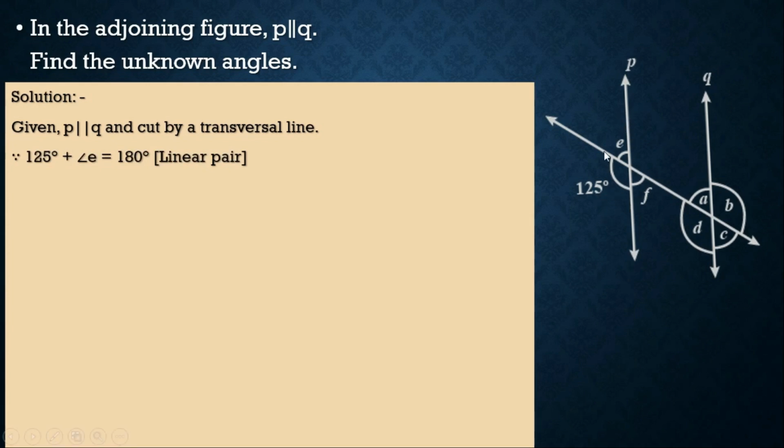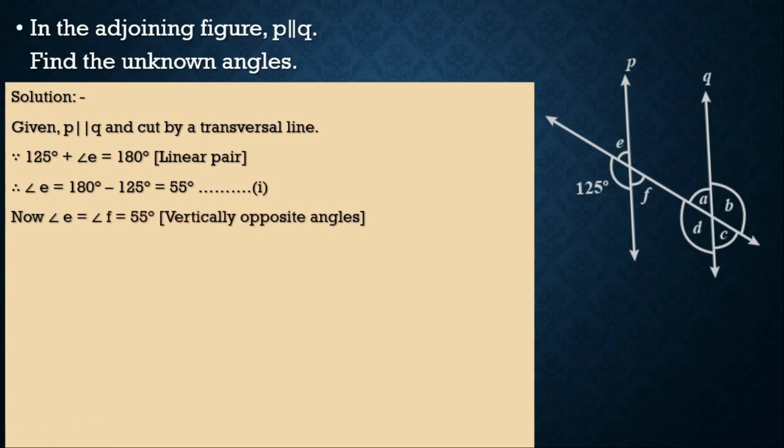Taking 125 degrees from the left-hand side to the right-hand side, angle E equals 180 degrees minus 125 degrees. The difference is 55 degrees. So, angle E is equal to 55 degrees.